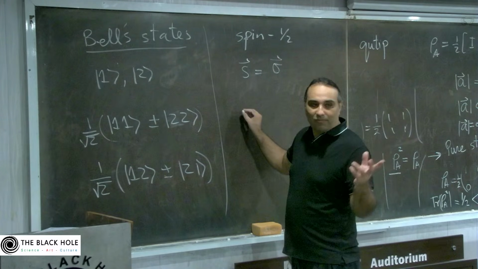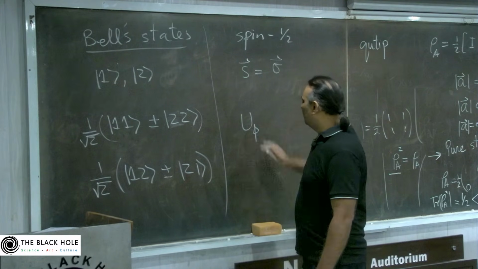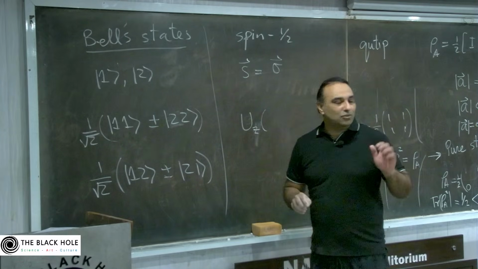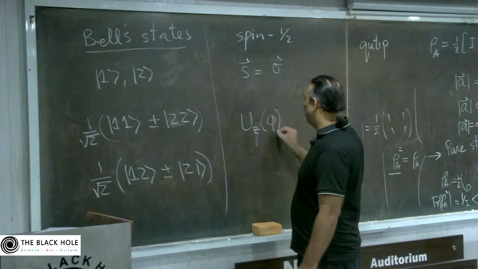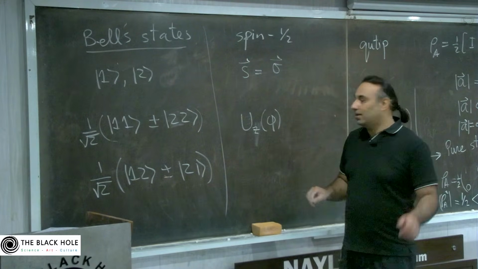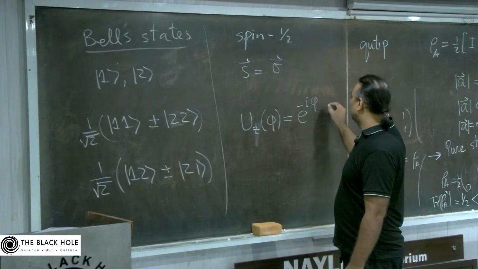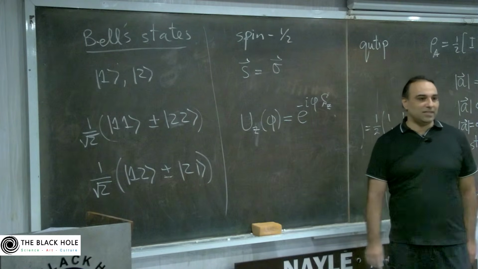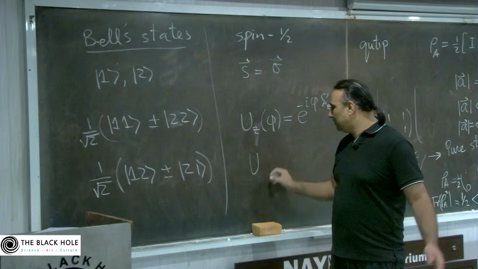Just like time evolution, suppose you want to make a rotation around the z axis by an angle phi. Then this is the operator for that.